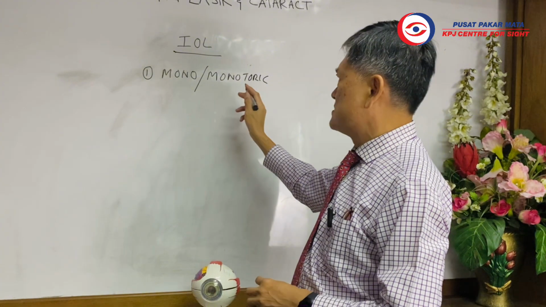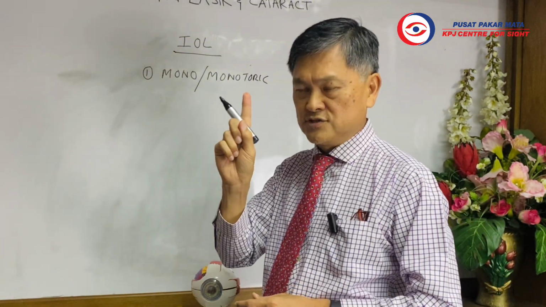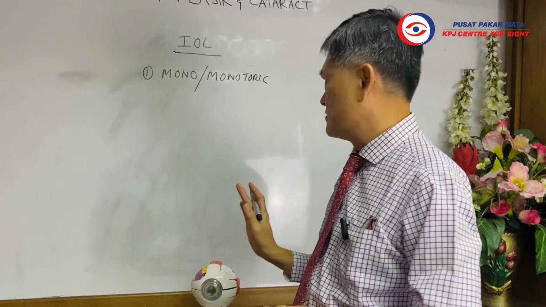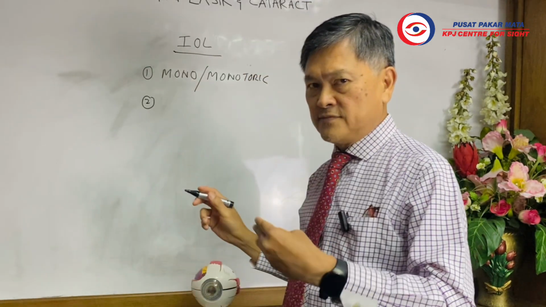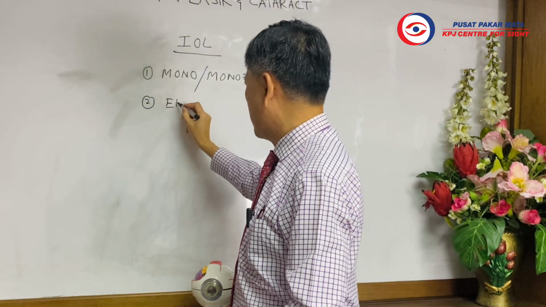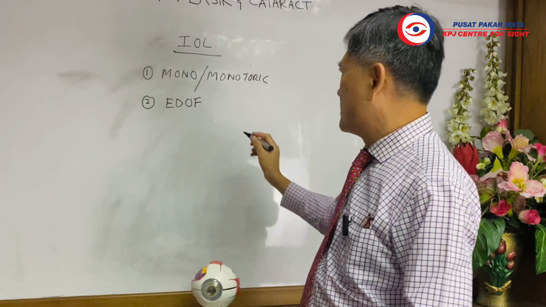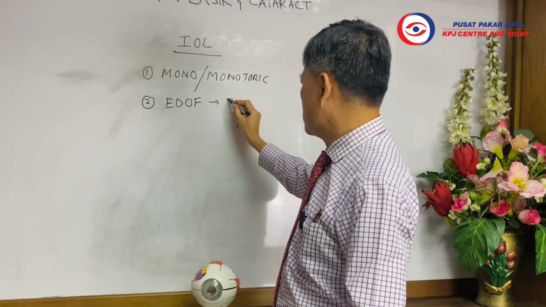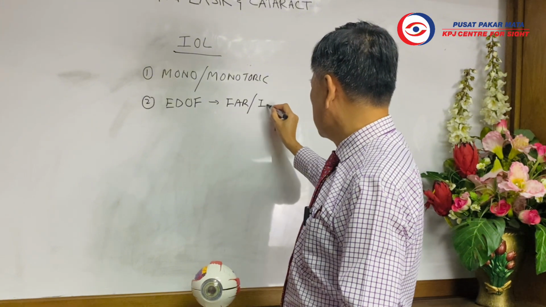These lenses only give the patient one good vision, either distant or near. Then we have the far and intermediate lens called EDOF, extended depth of focus. This one allows the patient to see usually far and intermediate.